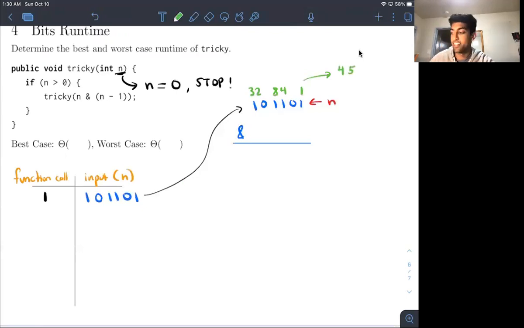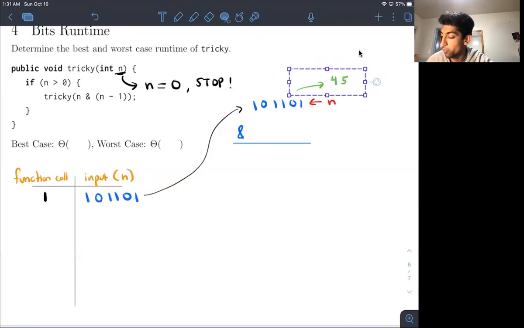And how I got that this number is 45 is that we have a 1 in the 1 spot, there's a 0 in the 2 spot, there's a 1 in the 4 spot, a 1 in the 8 spot, a 0 in the 16 spot, and a 1 in the 32 spot. So every place there's a 1, I'm taking these spots and adding them up, right? Okay, so TLDR, the number is 45 in decimal.